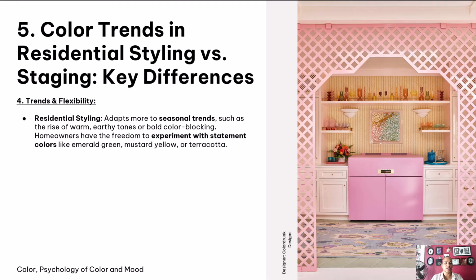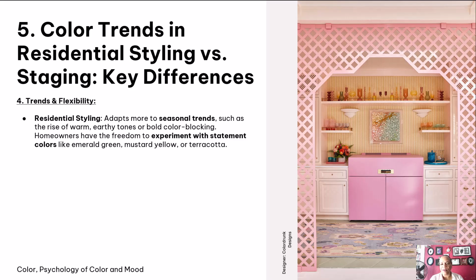With residential styling, you can almost do anything you like, right? So you can do seasonal trends. Like, I think this pink is kind of cute. Is it going to be great forever? Probably not, right?